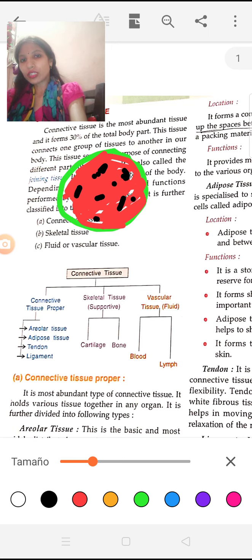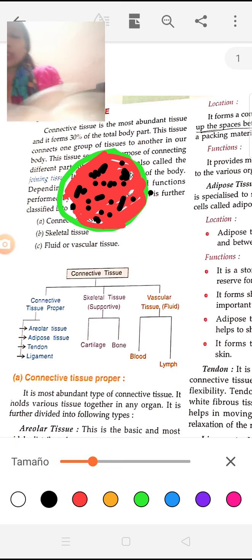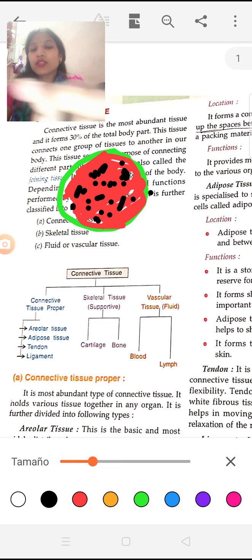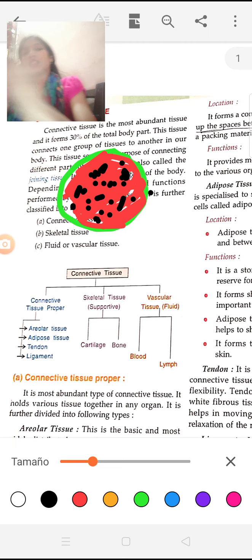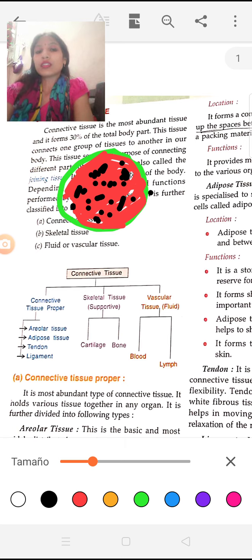Here you can see, we can suppose these seeds are the cells, and this red portion is the matrix. The matrix is a substance in which the cells are present and fixed, because the matrix of the connective tissue is a jelly like substance.